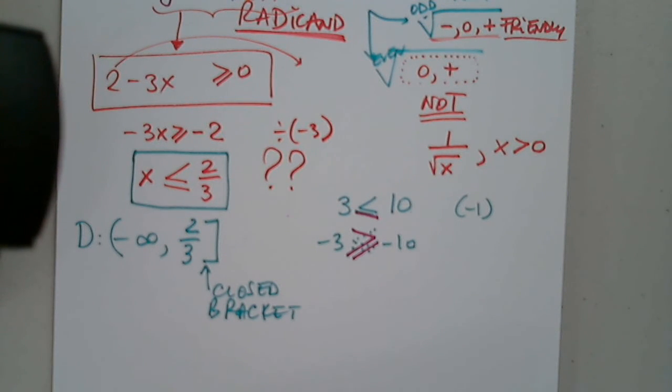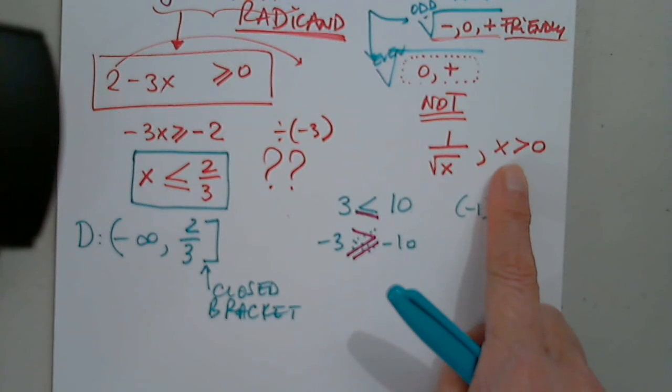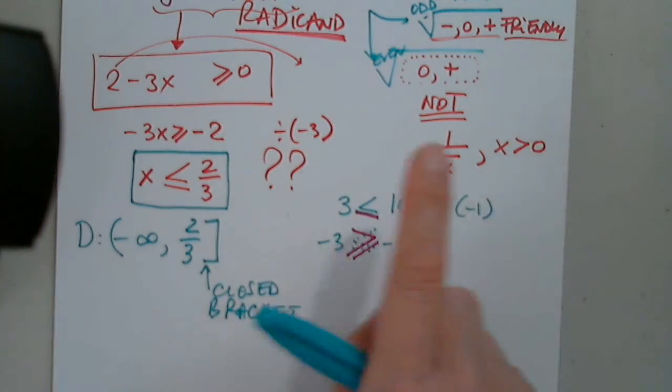Professor, I have a question real quick. When you put 1 over the radical of x, and then you have comma x, does that mean neither of those answers are correct?